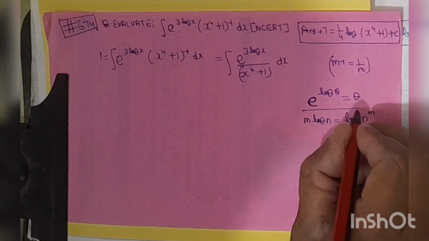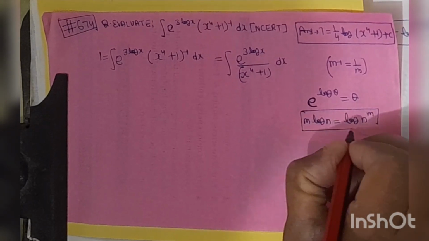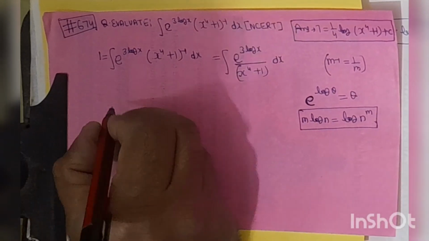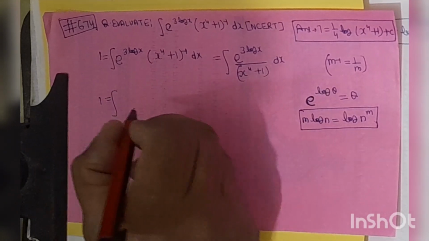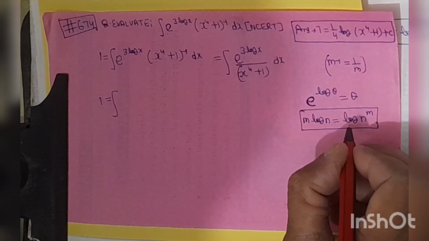According to this formula, m log n is equal to log n to the power m.